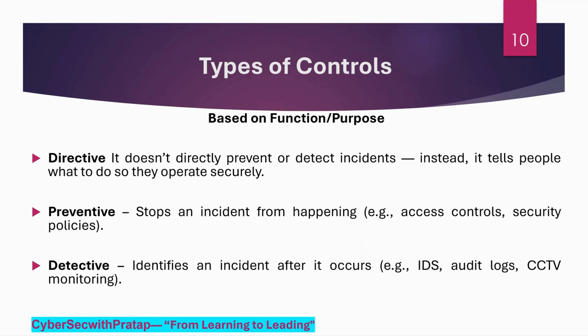Then detective: anything happening in the organization, you have to detect first. Otherwise, you cannot give the response. So in detective controls, like seeing the logs, SIEM solutions, IDS, CCTVs, all these are the detective controls. Identifies an incident after it occurs, monitor.